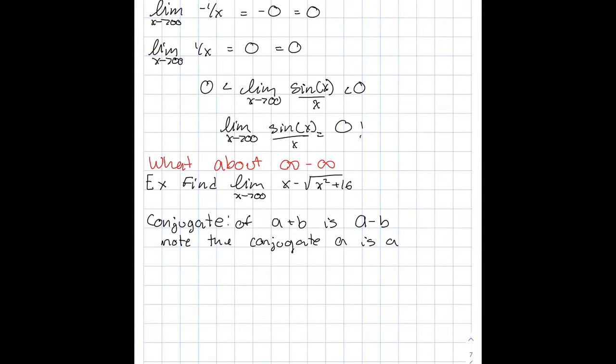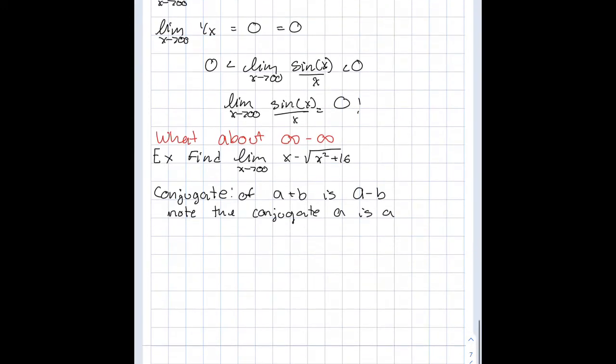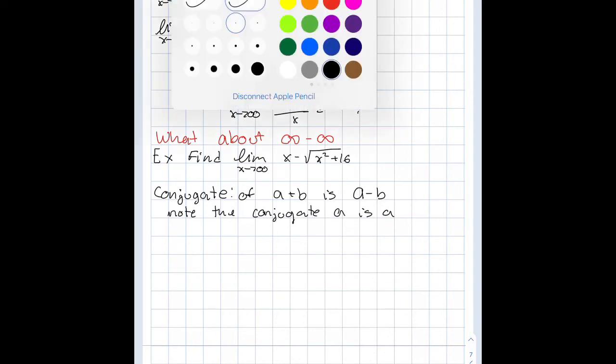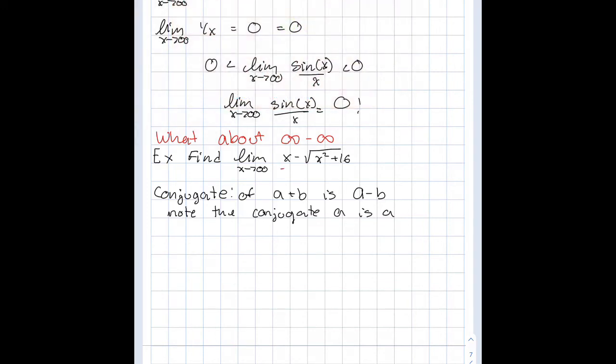That's just a. So the conjugate of x minus the square root of x squared plus 16 is going to be x plus the square root of x squared plus 16. So this is A, and this is B.